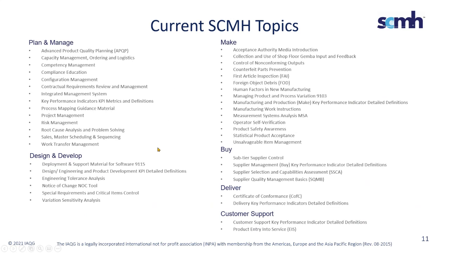Right now we have quite the list in plan and manage, which of course goes across all of the topics, all of the processes. We are building up on design and development. We have quite a few in make, buy, deliver, and of course customer support. We also have, if you notice, the word KPIs, key performance indicators. These are keywords, with process details and a definition for each of the ones listed, and they go under each of these categories.